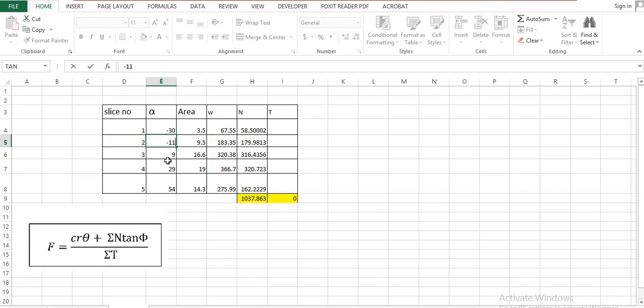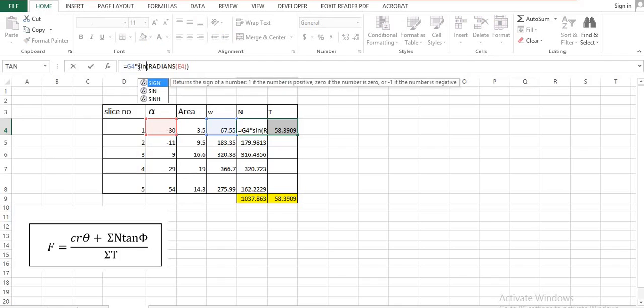These are negative angles. Now you can see N doesn't change, all stays as positive because they are W cos alpha. But if you look at this, the sign changes.